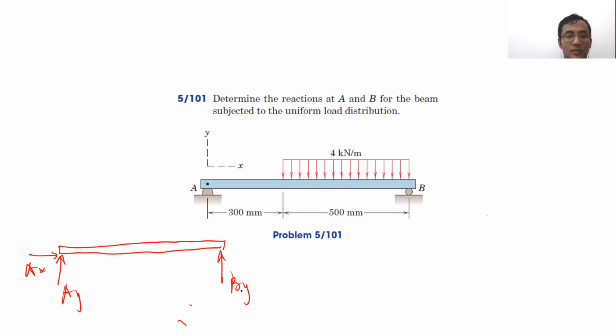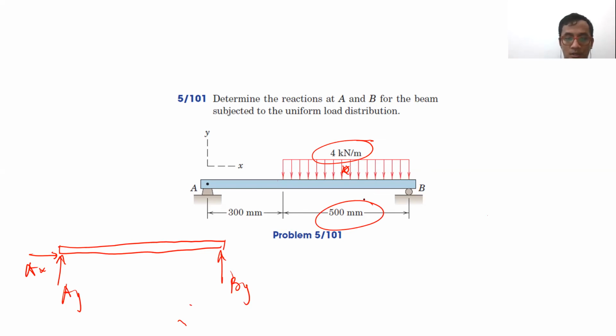In order to calculate the external force, we can assume that this distributed force works at its centroid. And the total concentrated force, which can represent the whole distributed force, will be the magnitude of the distributed force multiplied by the length where the distributed force works.